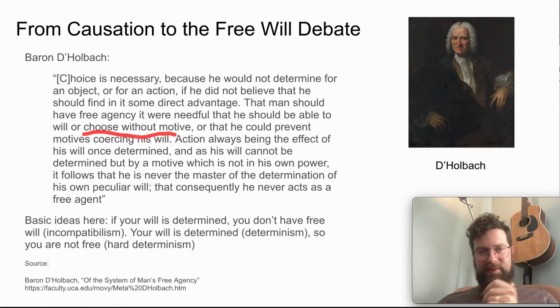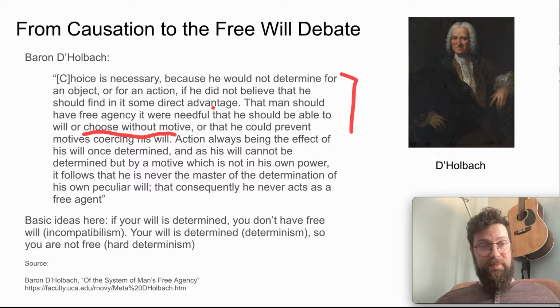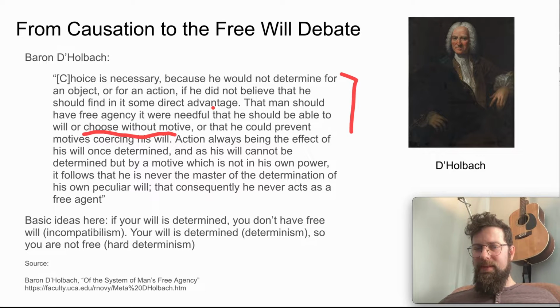Notice what Holbach is saying here. He says that when people act, they act for reasons, right? That is, you don't just act for no reason, you do it because you see some advantage in the action that you choose. But then he's going to say, if we really had free will, you would be choosing without anything causing you to believe what you believe.